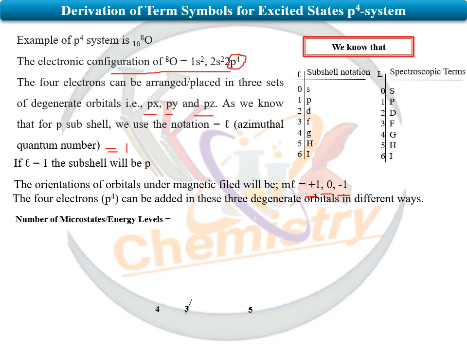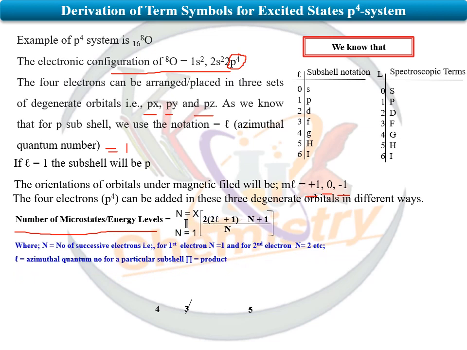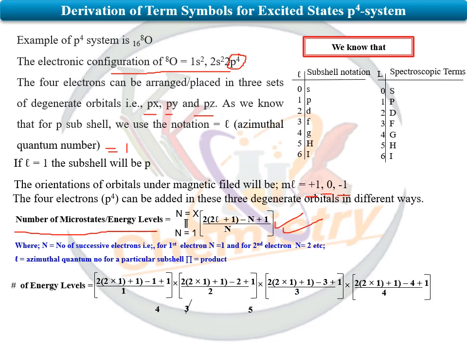Now the question might be in your mind, how many ways will be there to arrange these electrons? You can just calculate it from the number of microstates formula. We have also discussed it in previous lectures. So as we have 4 electrons, for L here it is 1.